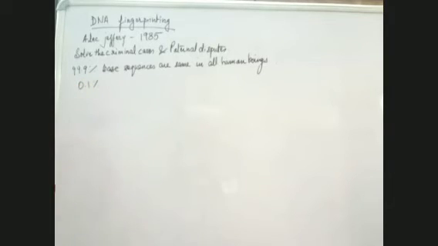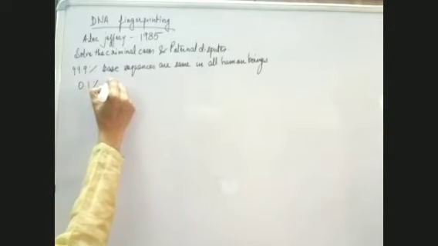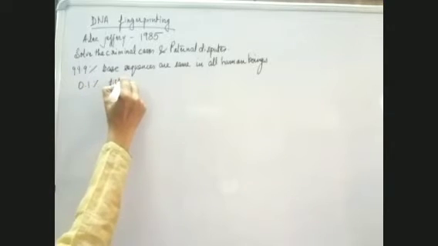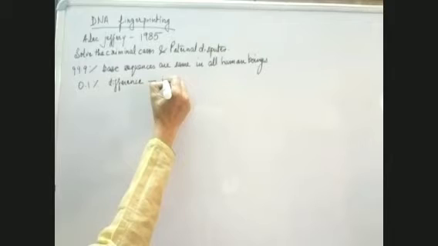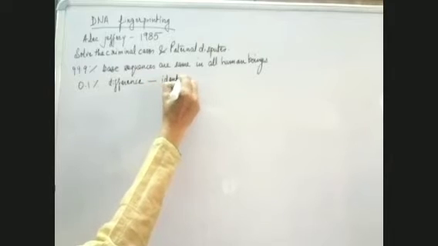Here lies the difference, and this difference is the identification mark. On the basis of this, the identification of a particular human being takes place.